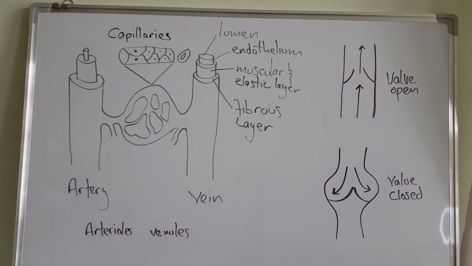In the arteries, the blood tends to be oxygenated, all right, oxyhemoglobin. There's one exception, of course, and that's the pulmonary artery. The pulmonary artery carries deoxygenated blood. That's the exception to the rule.